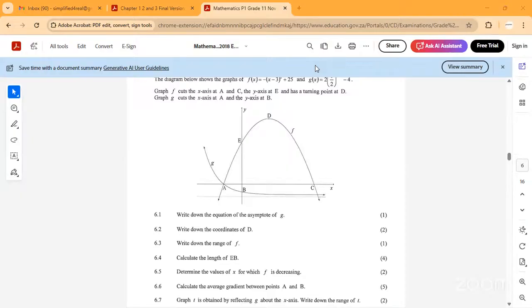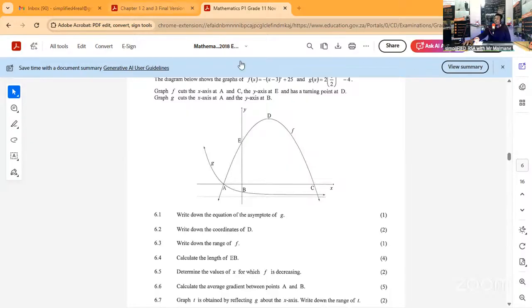To get point A, what would be the process of us getting point A?